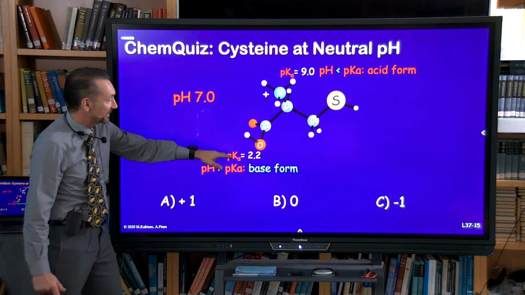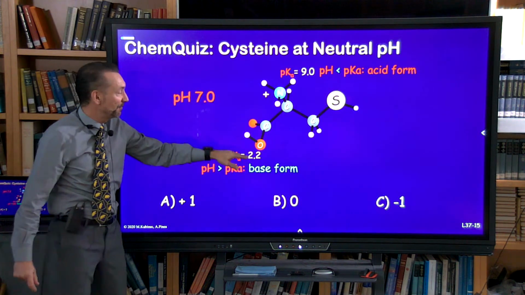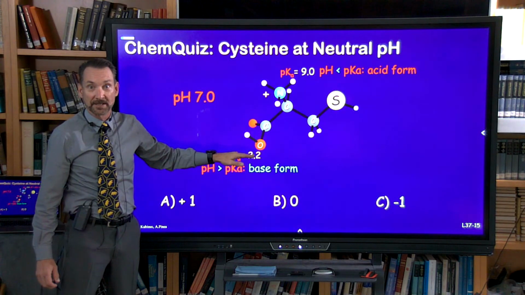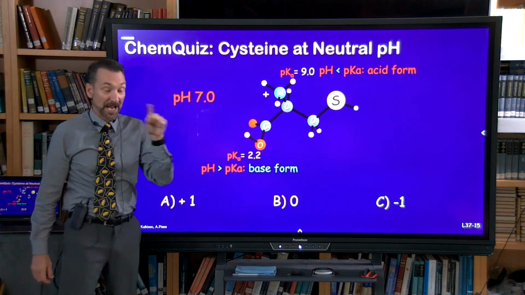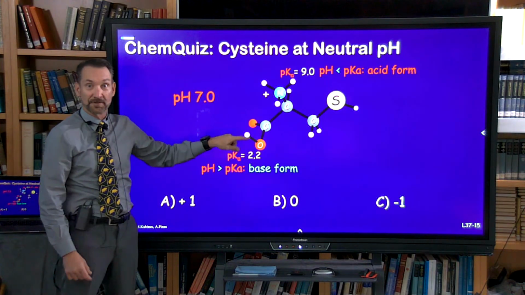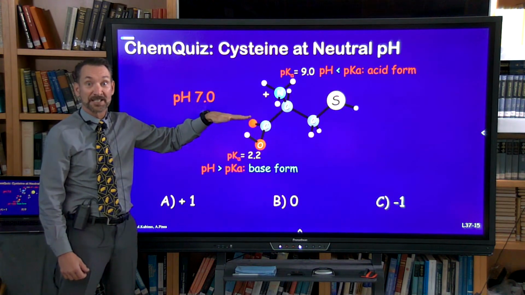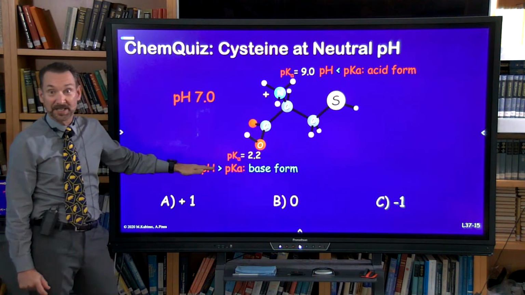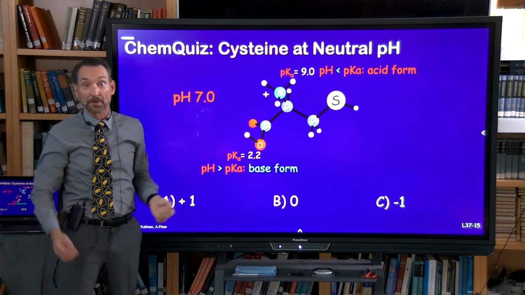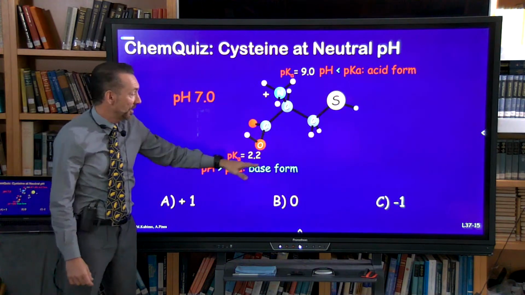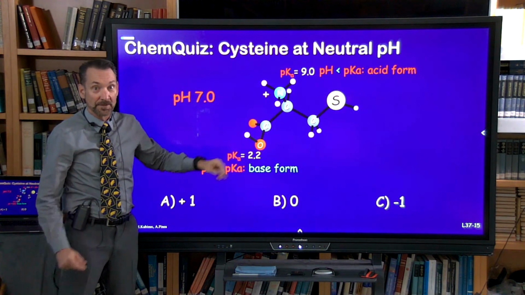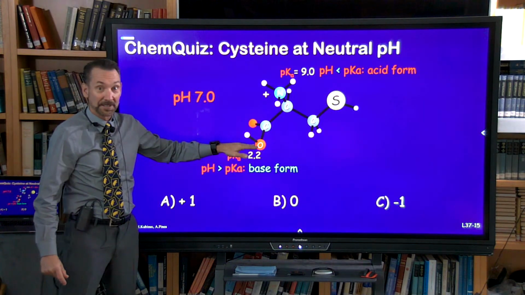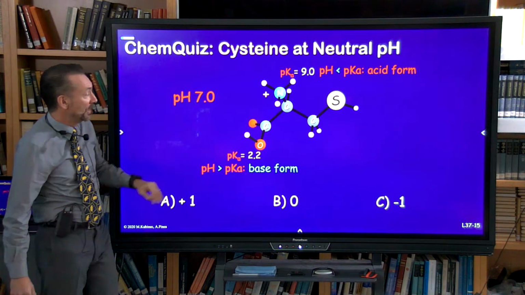In fact, we'll be 5 pH units above the pKa. When we're at the pKa, equal mixture of acid and base. 1 unit above, already 10 times more base than acid, and 5 pH units above is essentially all the base form. There's always an equilibrium, as we know, but predominantly the base form. So that is going to go to the negative form.